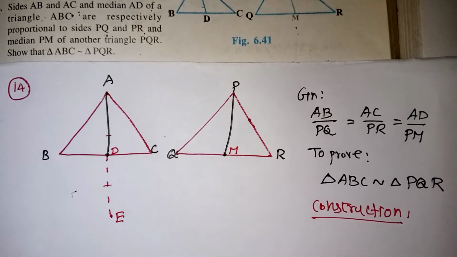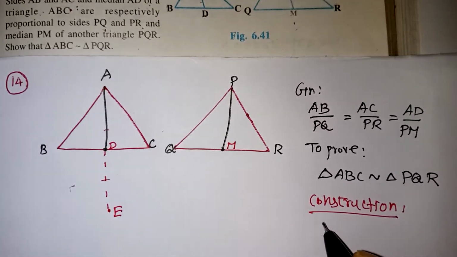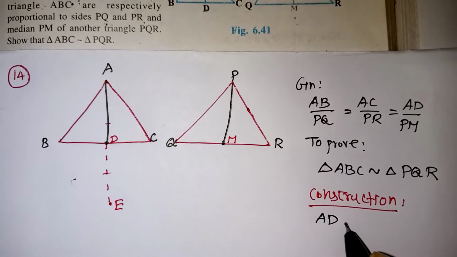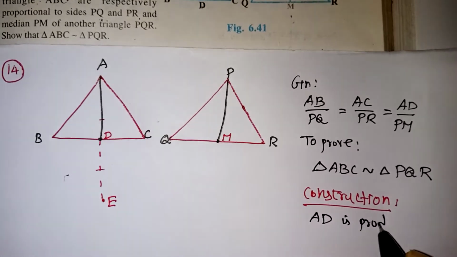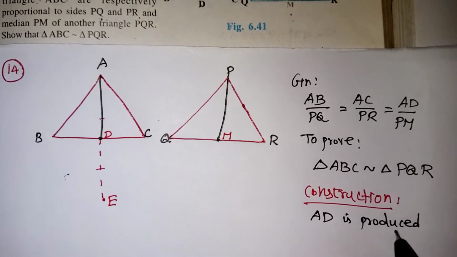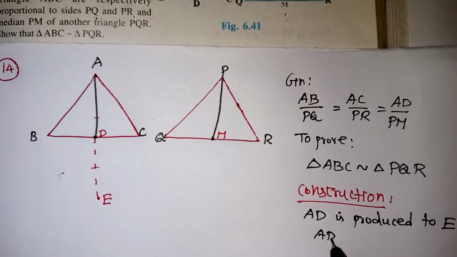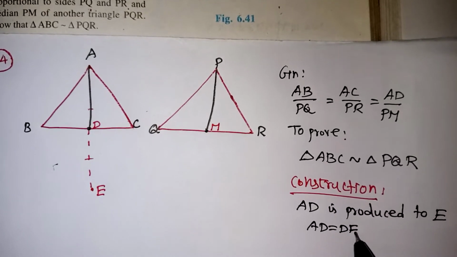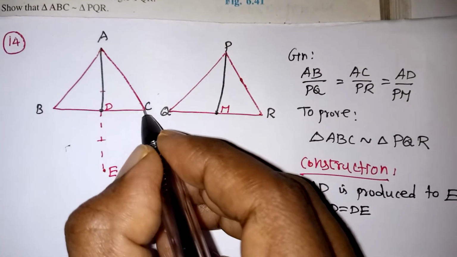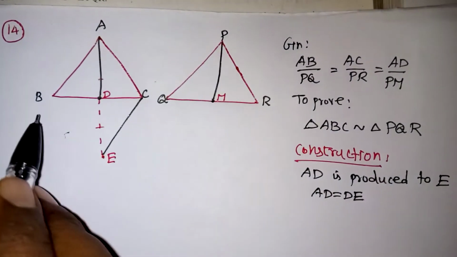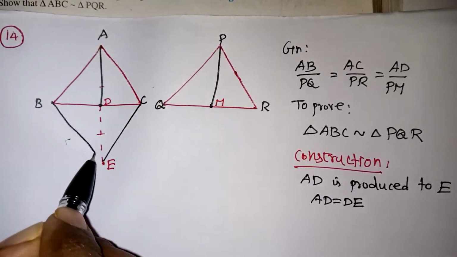AD is produced to E, which means that line is extended, so that AD length and DE length are equal. So we can connect this here, and B also we can connect with this E.